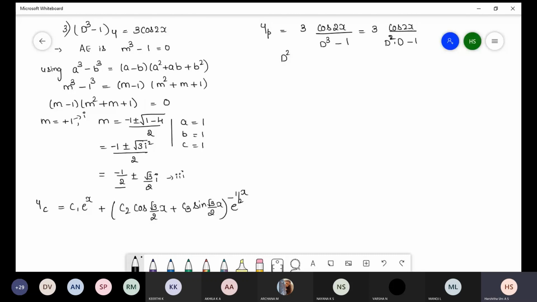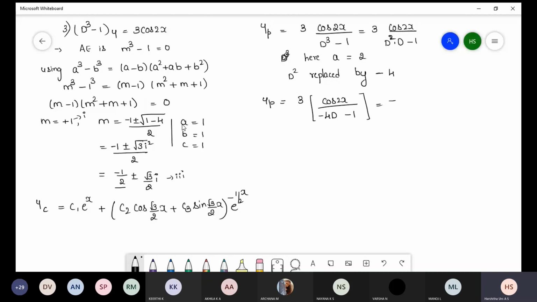So here, what is our a value here? Yes, a is equal to 2. So d square is replaced by minus 4. So yp is equal to 3 into cos 2x divided by, in the place of d square I write minus 4, d I write as it is, minus 1.